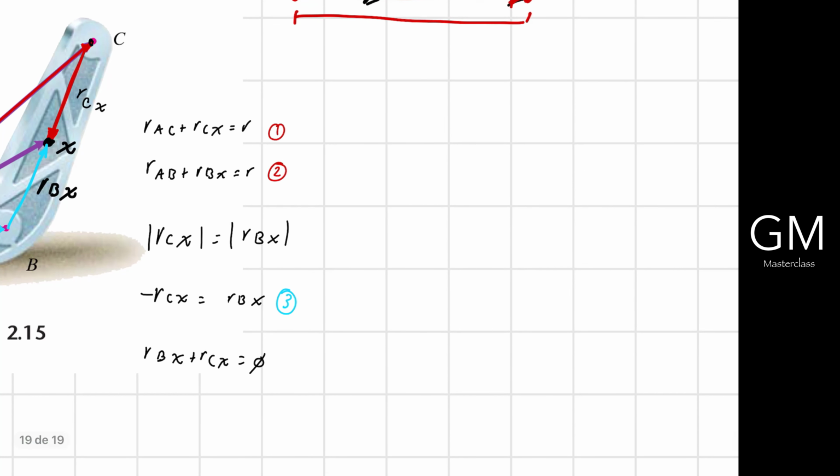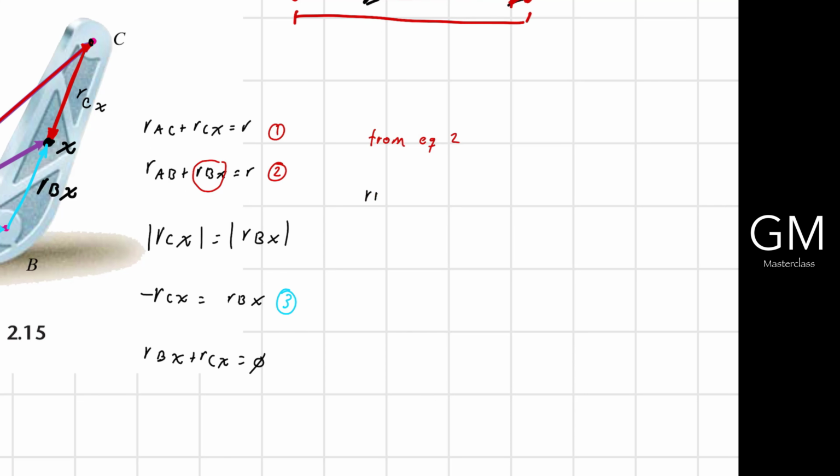So first, what I'm going to do is to solve one of these equations. I don't really care which one. For example, I'm going to select equation number 2. So from equation 2, I'm going to solve for this vector r_BX.